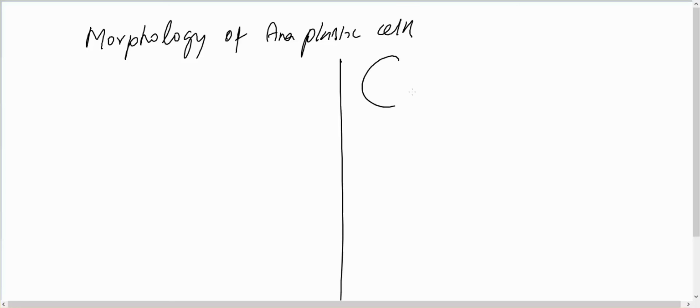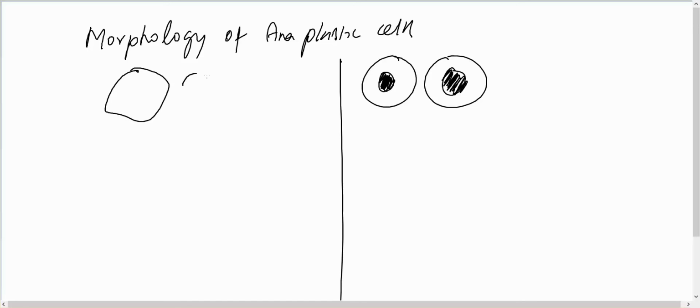See, the normal cells resemble each other. They will not vary within themselves. But if it is a malignant cell, that is anaplastic cells, they will not look the same.